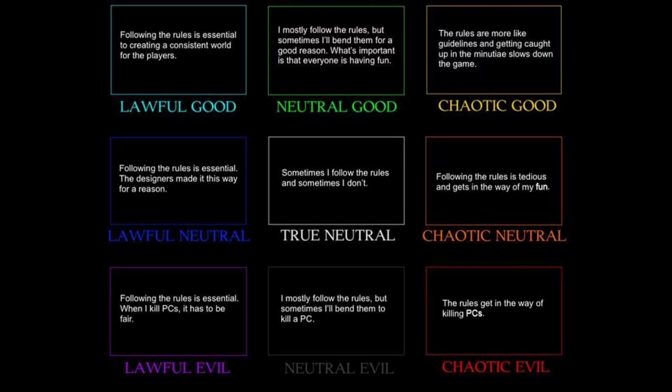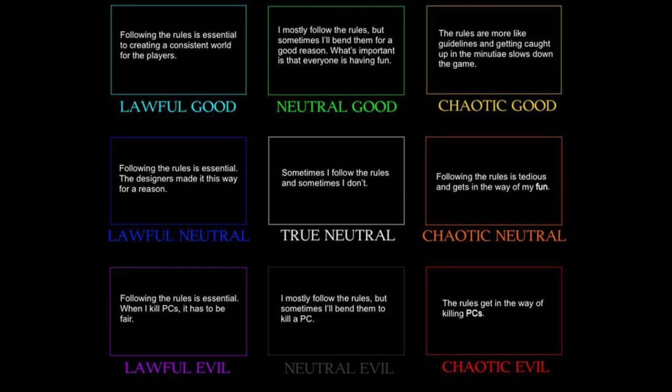I think alignments have value in a Grimdark campaign, but when you run a campaign like that, you have to be much more willing to accept characters' grey areas. And I think having a lawful good character in a Grimdark campaign is incredibly challenging.